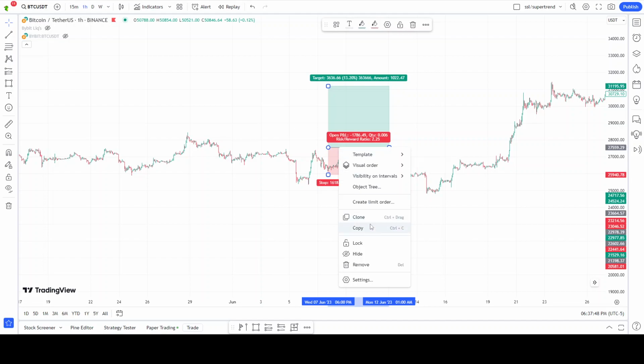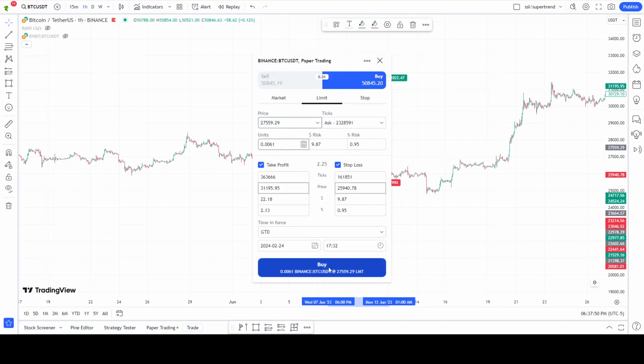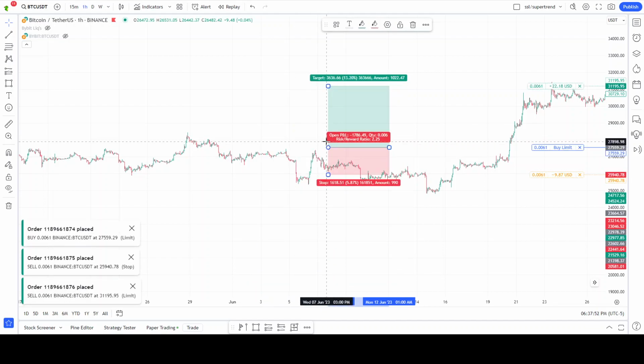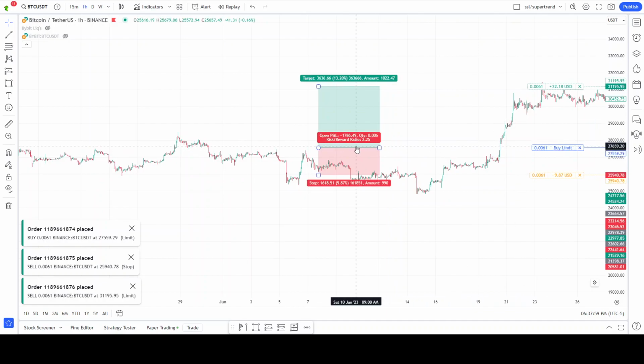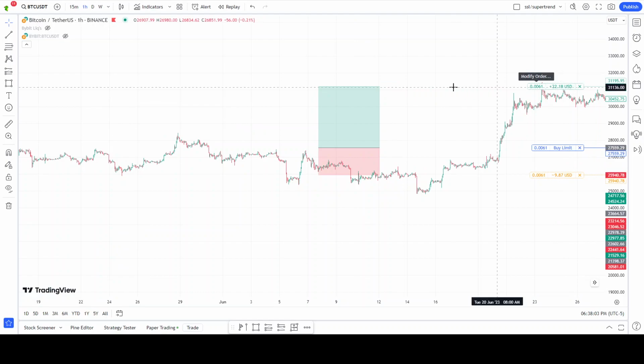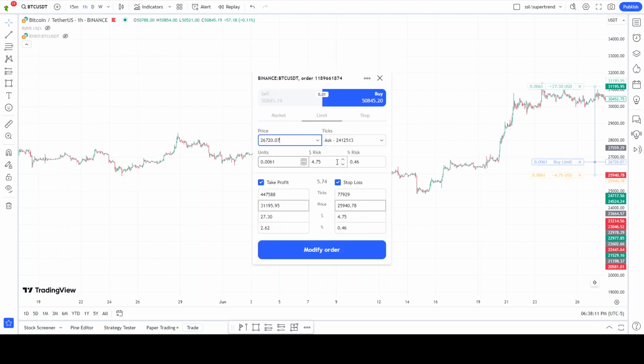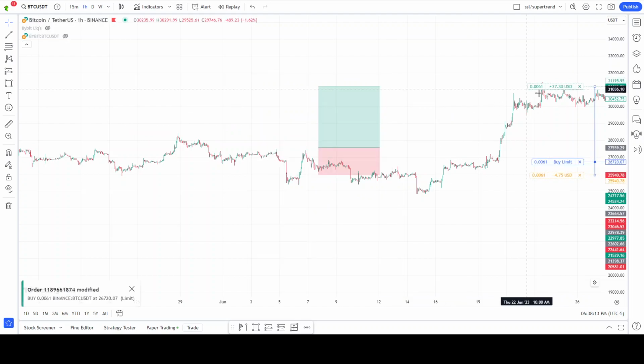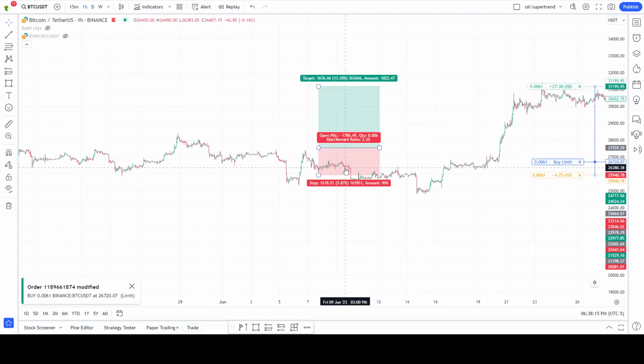So if we were to create a limit order right here, and if this was real-time price action, this would trigger, because we're making $22 profit here, but the price down here, the actual price at that time, would have made us $27. So this is a better price than this.